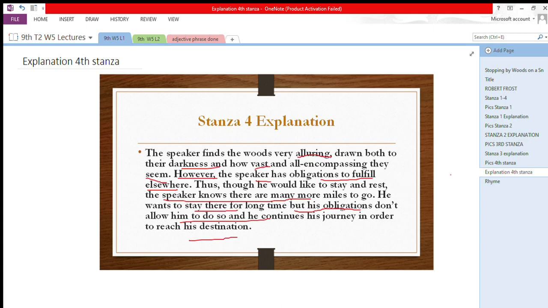So he cannot stop there for a long time, though he wants to stay there in that silence, in that alluring company. He wants to stay there for a long time, but since he has a long journey to complete, he cannot stay there. So this was all about the explanation or paraphrasing of the stanza.